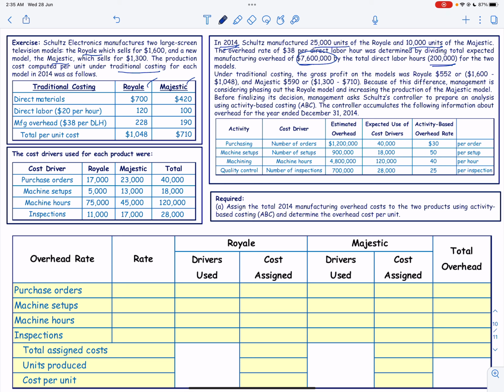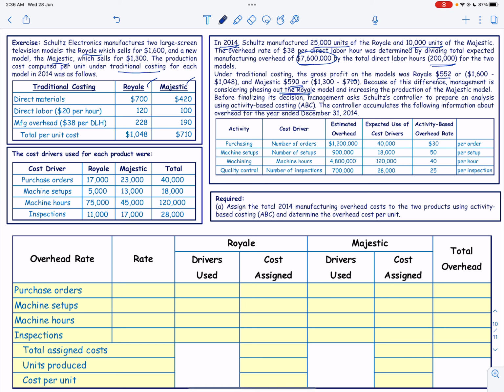Under traditional costing, the gross profit on the models was Royal 552, that is 1600 minus 1048, and Majestic 590, 1300 minus 710. Because of this difference, management is considering phasing out the Royal and increasing the production of the Majestic model. Before finalizing its decision, management asked Schultz's controller to prepare an analysis using activity-based costing.